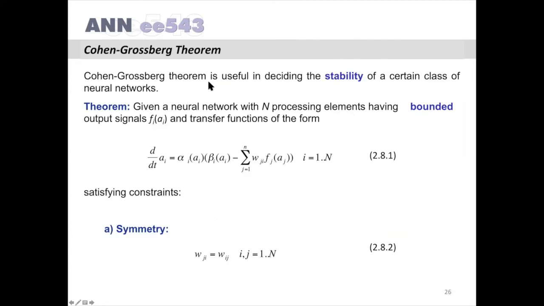Cohen-Grossberg theorem is useful in deciding stability of certain class of neural networks.